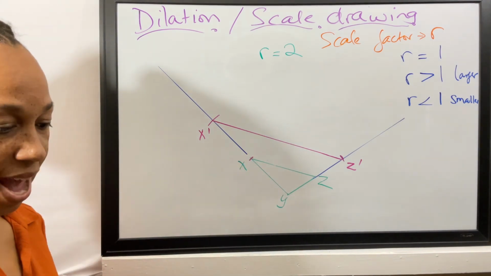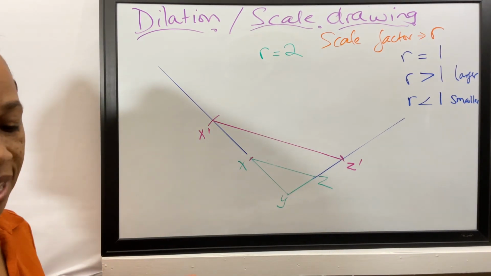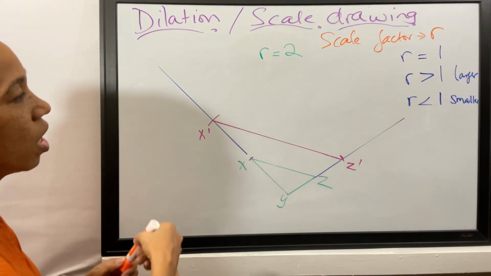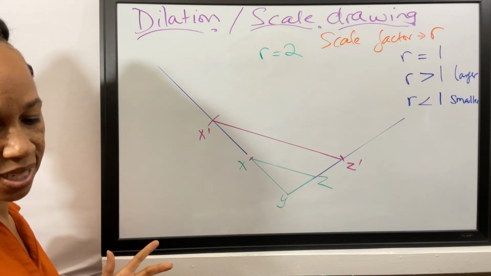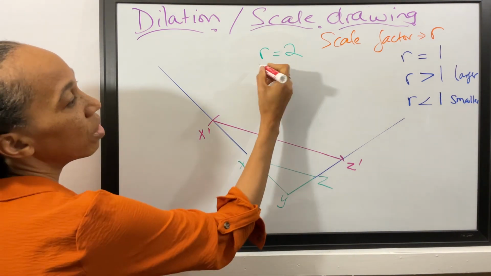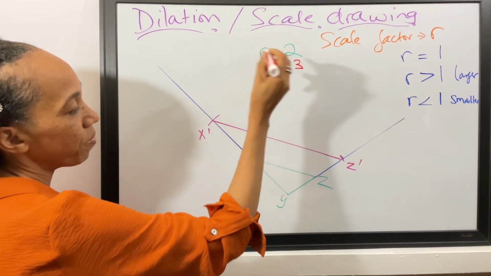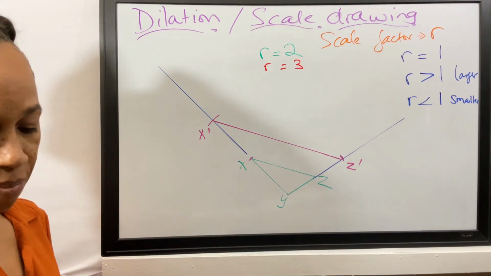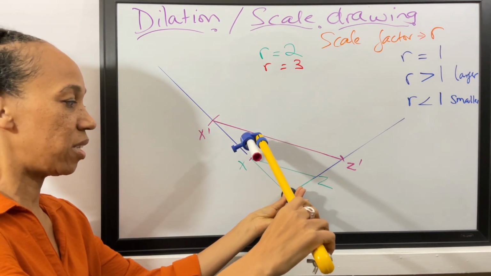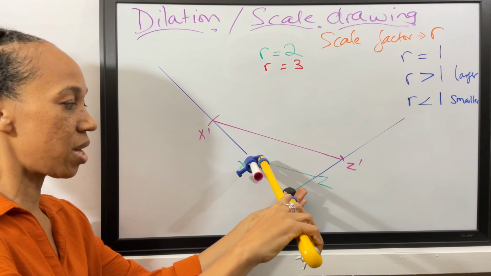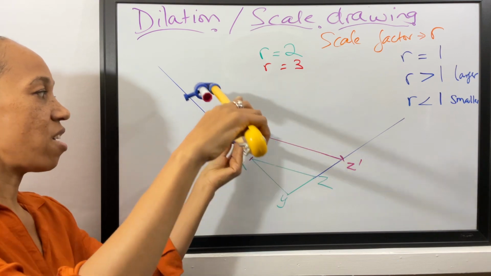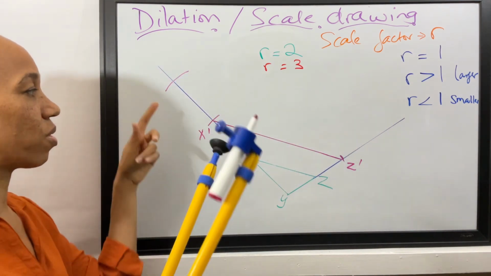It's now larger. Okay, now what if they say to you, I want this figure to be r greater than 1, r is 3. If r is 3, look what I'm going to do. Same procedure as I did before. You place a pointer here, you grab the measurement of XY. You mark an arc here, then you go to the arc and you mark a second arc.